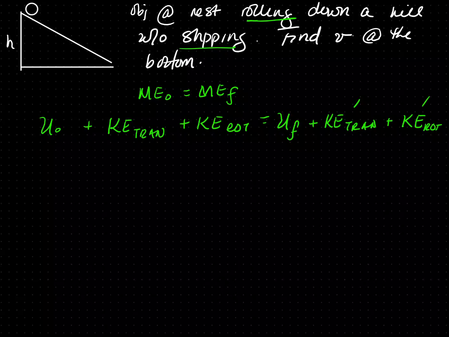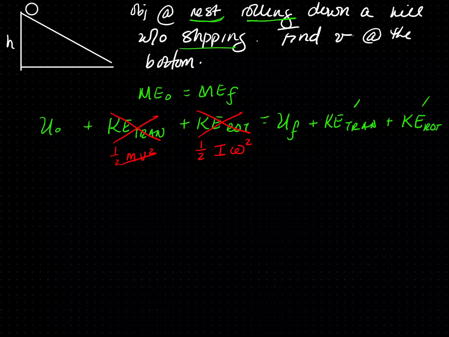Since the object is starting at rest, we know it's going to have no translational energy because my velocity in 1/2 mv squared is going to equal 0. It's going to have no rotational kinetic energy either, because it's at rest. If I plug this in, this is 1/2 I omega squared.